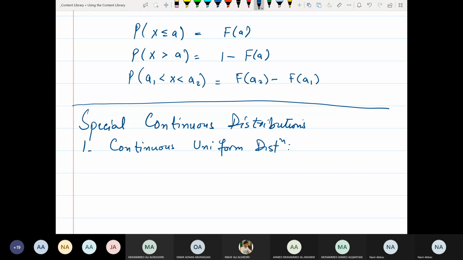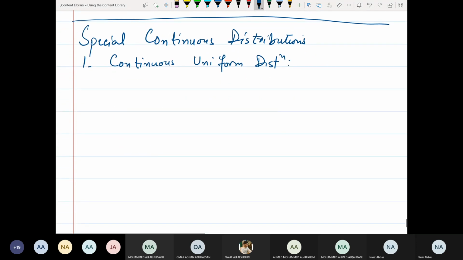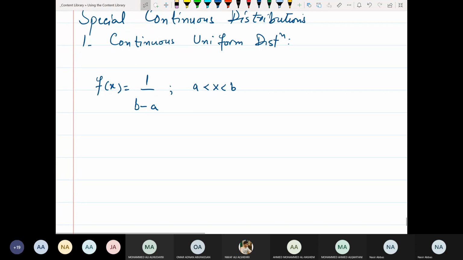A continuous random variable is said to follow a continuous uniform distribution if its probability density function has this form, 1 over b minus a, where x is between a and b. For such a random variable, the mean of x is given as a plus b over 2, and the variance of x is given as b minus a whole squared over 12.